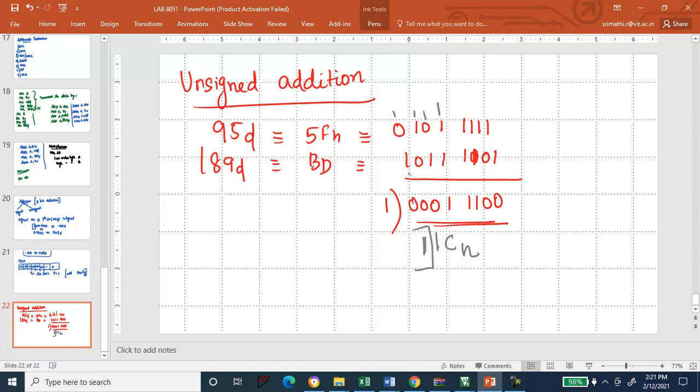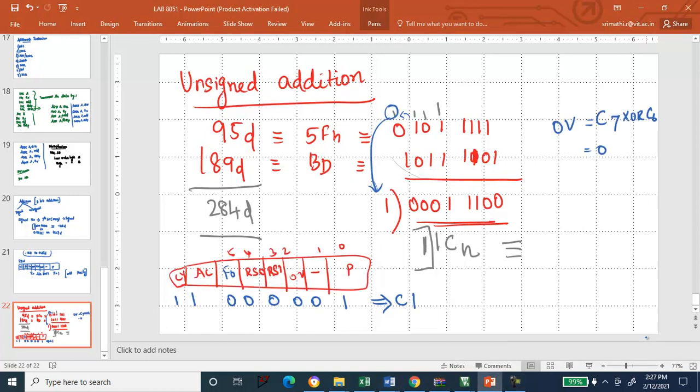This is how you will have it. So this is 1CH, whose equivalent in decimal is 284 decimal.